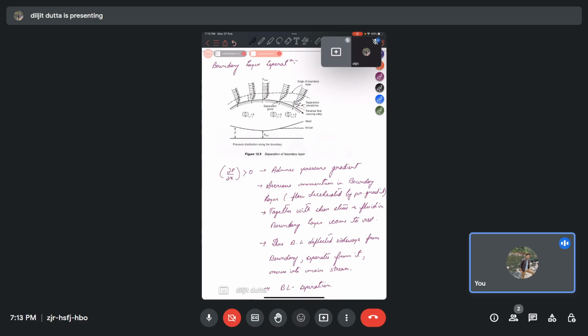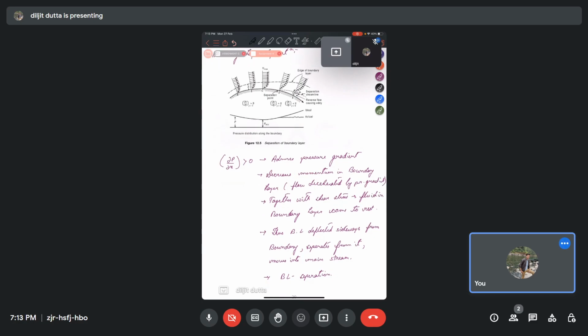In such a case, the boundary layer on the surface will be moving in a sideways direction. That is, if the plate is like this, the boundary layer, if it was at this position, will move to this position.